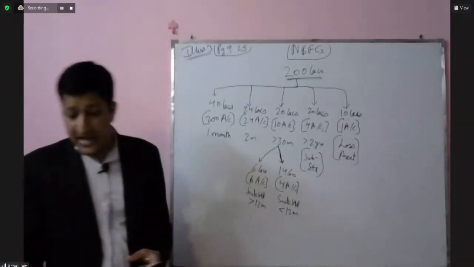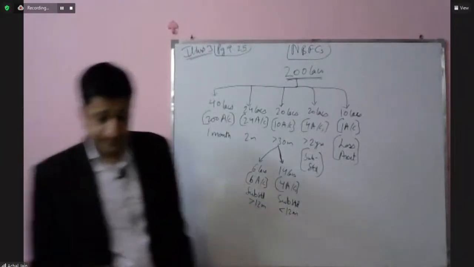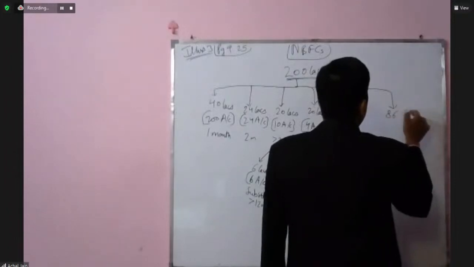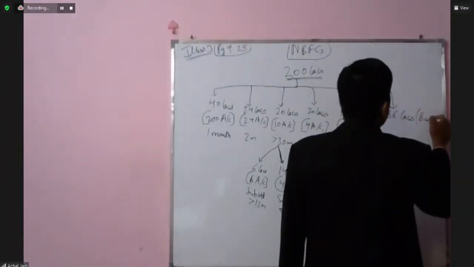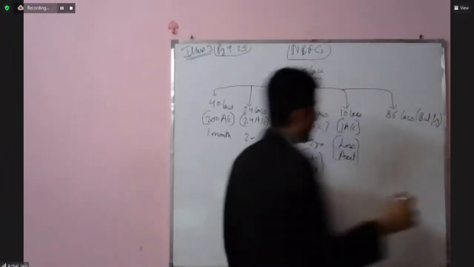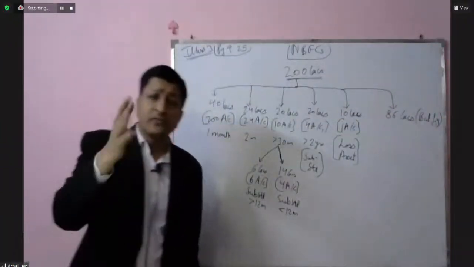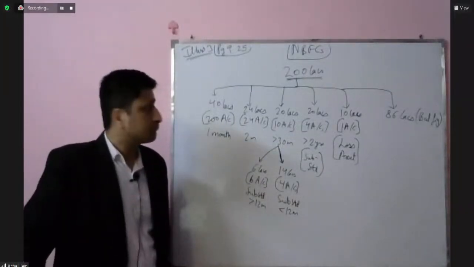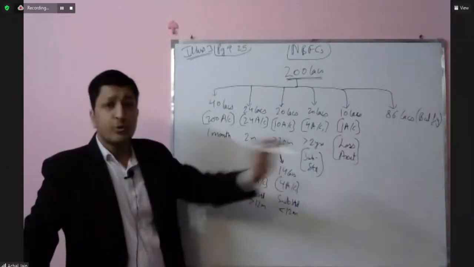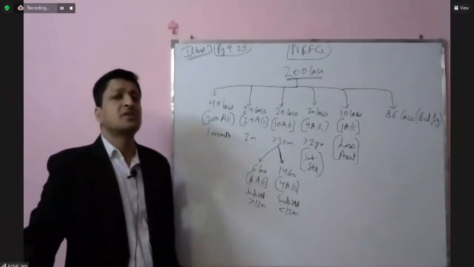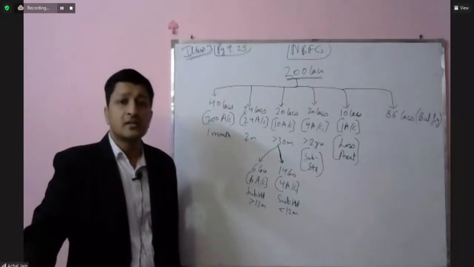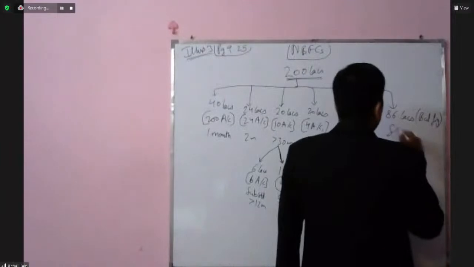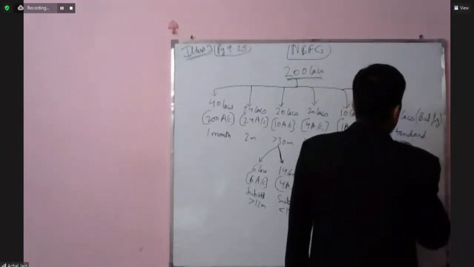So 86 lakhs still remains. Out of 200 lakhs, 86 lakhs. This is the balancing figure. No information is available in the question about this 86 lakhs. So where do you take this? Standard assets. You will have to take this to standard assets.